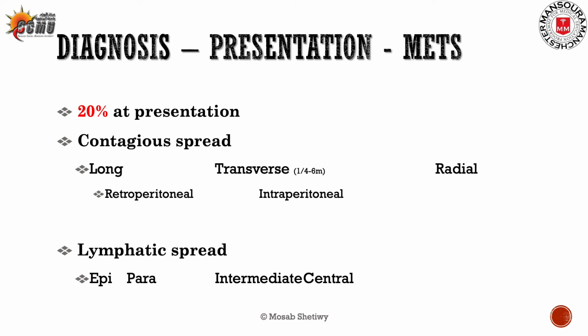And you should know that lymphatics of the GIT are different from lymphatics all over the body. Lymph nodes all over the body tend to follow veins, like cervical lymph nodes in the neck are found on the internal jugular veins. Axillary lymph nodes are found on the axillary veins, and also inguinal lymph nodes tend to be distributed on the femoral vein and its branches.